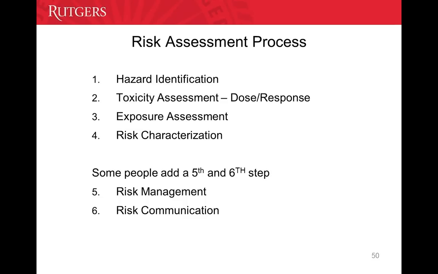And so after a lot of evaluation, they came up with the fact that 4 parts per million would be the temporary tolerance, or allowed residue, for this particular chemical on this grain and the products.